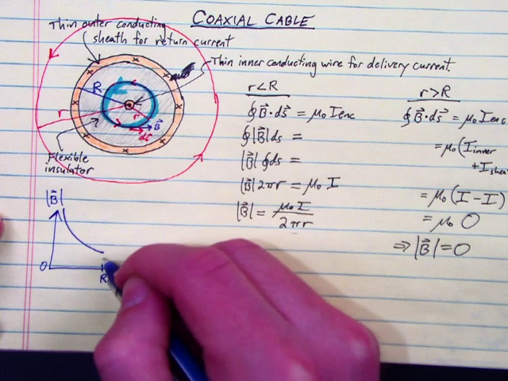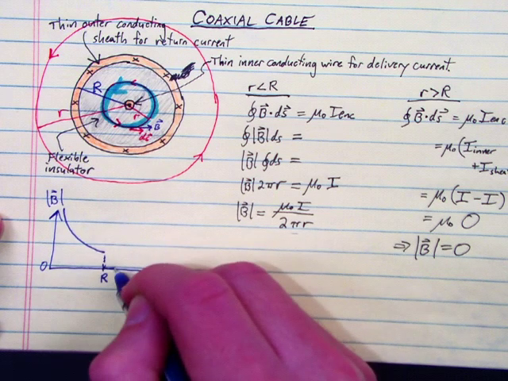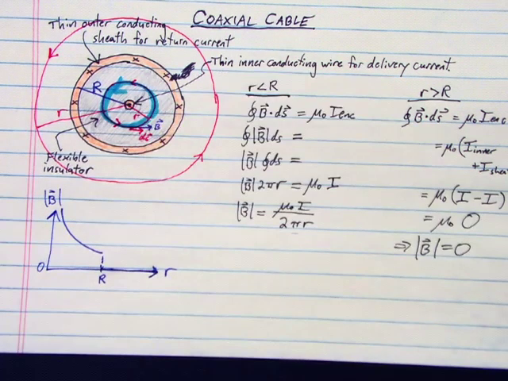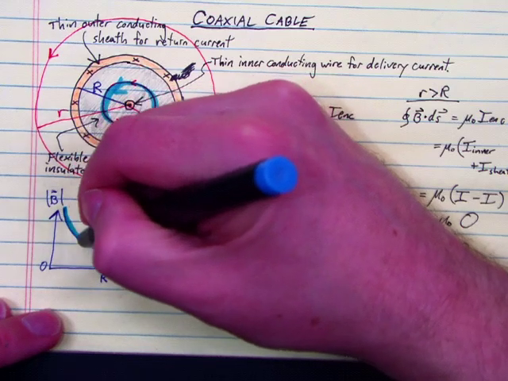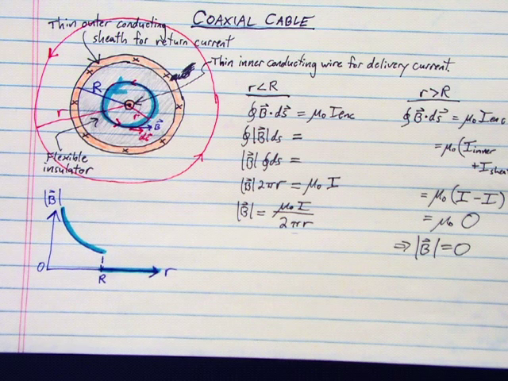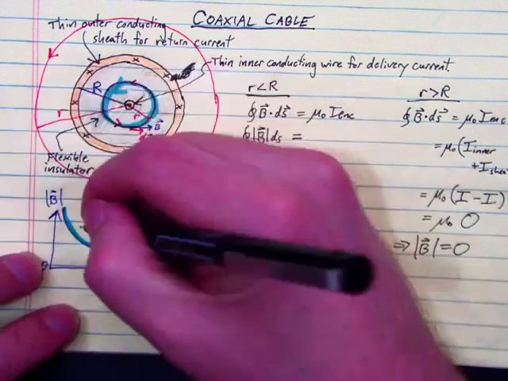So this drops suddenly down to 0 right at the sheath. So we get this 1 over r function, and then a discontinuity going to B equals 0 outside.